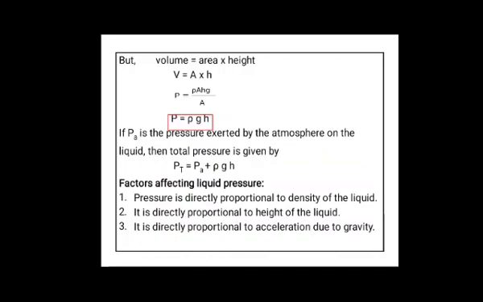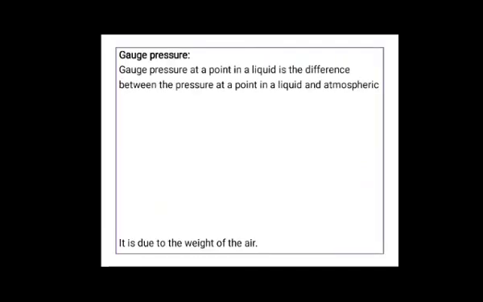This is because as they move up, the height of water above them decreases, hence pressure on the air bubble decreases. Due to this, the size of the air bubble increases. So try to remember these points. Then let us continue.